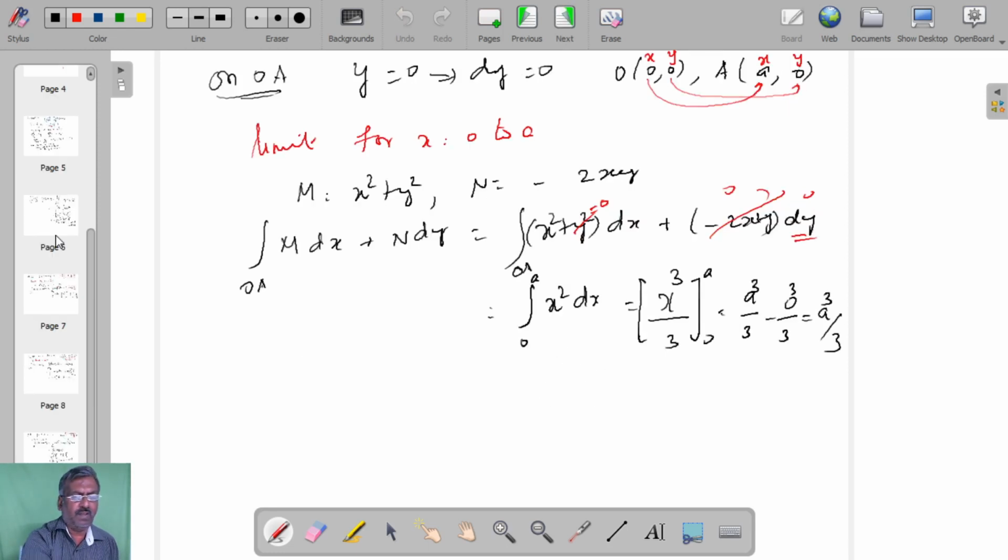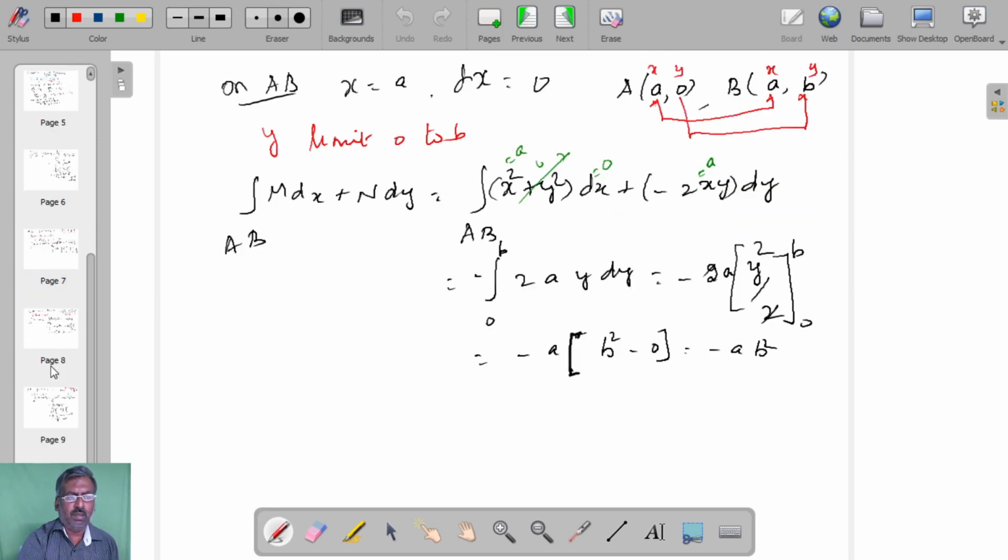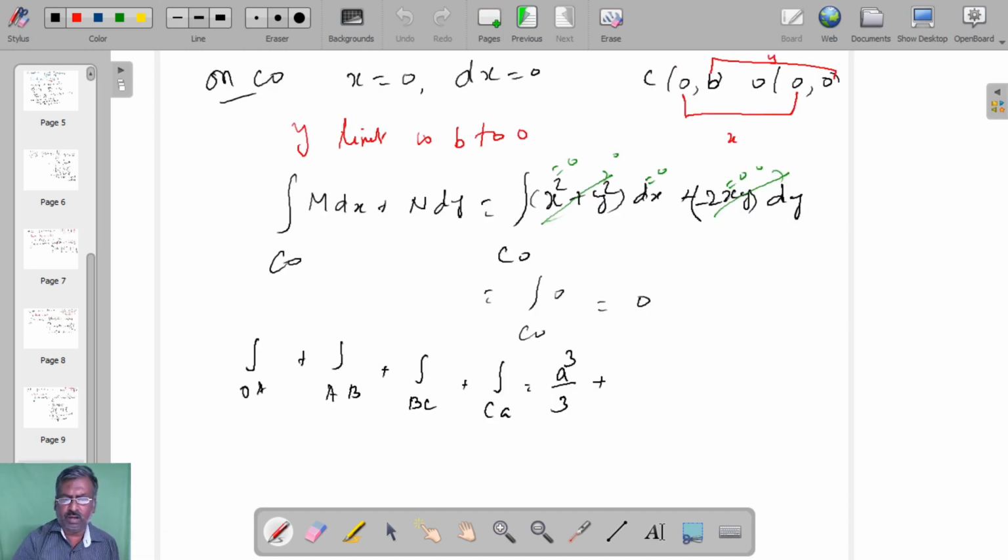Now see the answer for AB. For the line AB the answer is minus a b square. So write minus a b square plus. Now find the integral for BC.